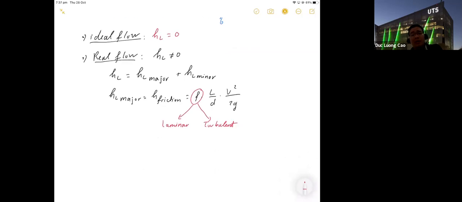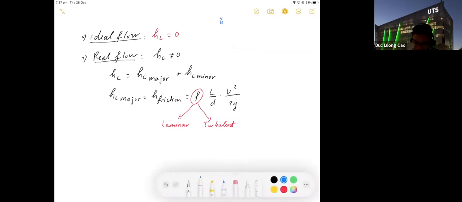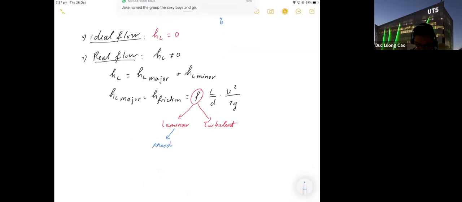For both laminar and turbulent, you can use Moody to find F. Same for this one, you can use Moody. It's the first way. But for laminar, you have an equation, this one in lecture 9, week 9, I think.